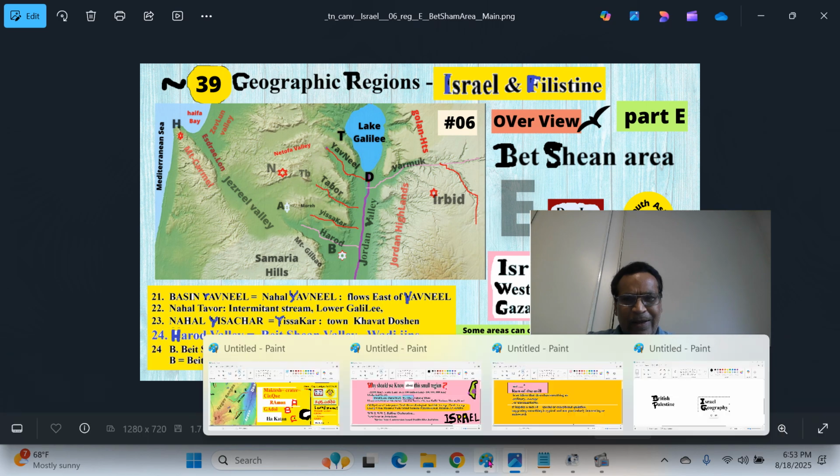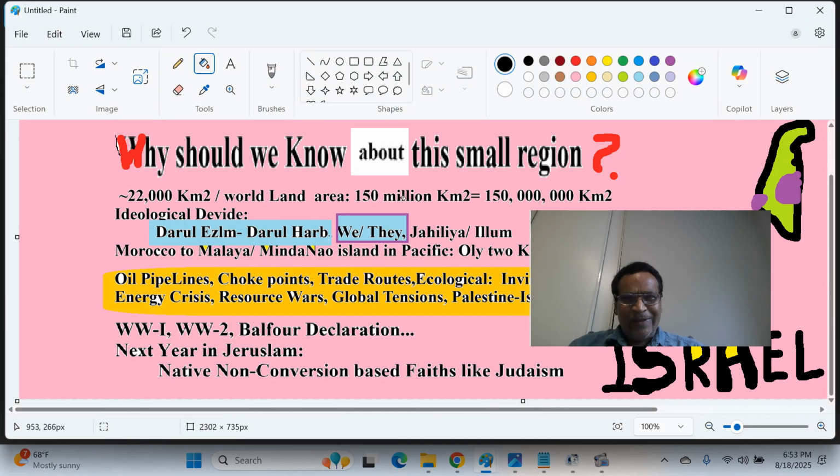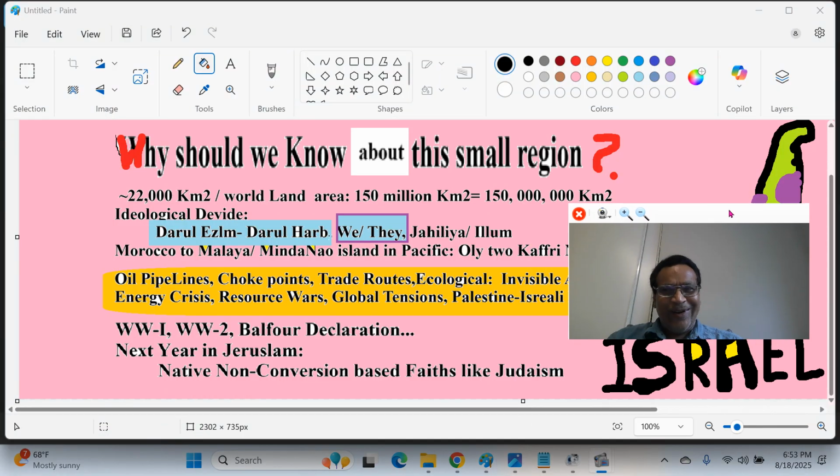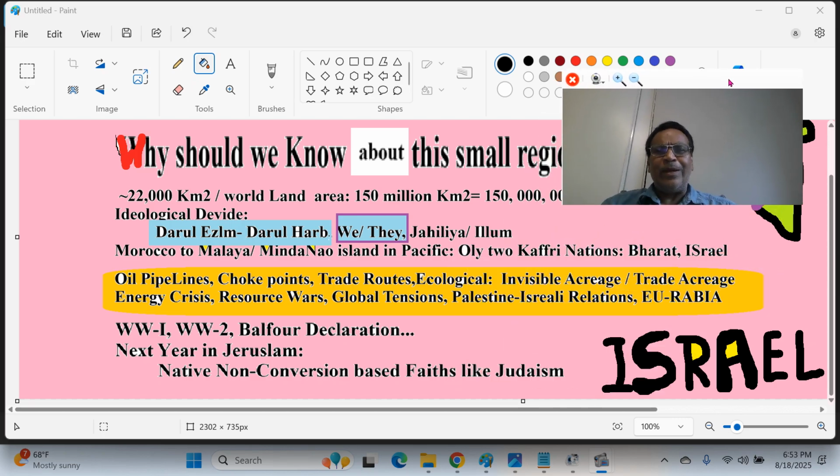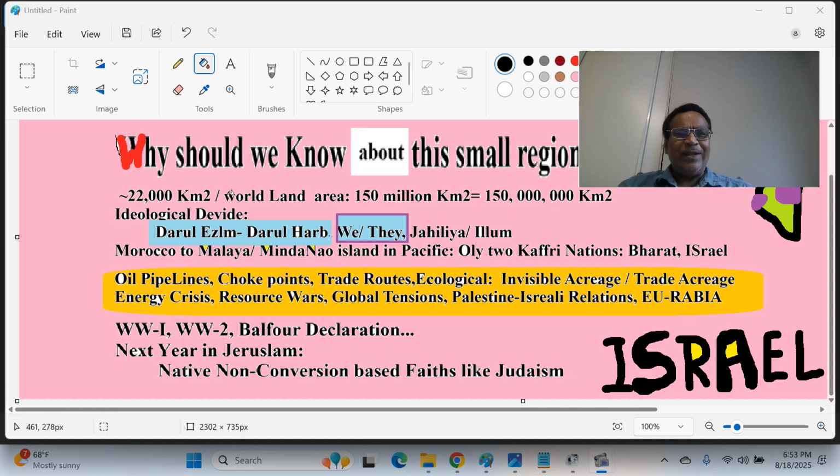And the importance of knowing deeper is why should we know that small region called Israel and Palestine and Gaza? Because it has a very important role, even though Israel itself is only around 22,000 square kilometers.